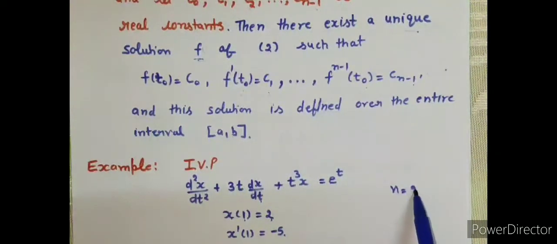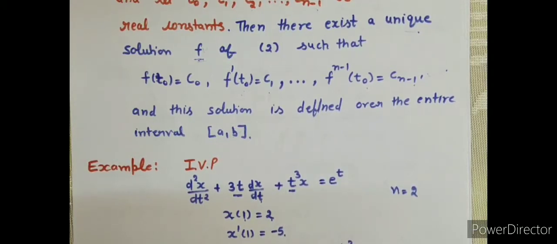Here my order is 2, and this is my a1(t), its value is 3t, and a2(t) is equal to t^3, and the right hand side non-homogeneous term, capital F(t), is e^t. If I compare my solution x, its value is at 1, it means my t0 is 1, and 2 is c0, and the value of c1 is equal to minus 5.